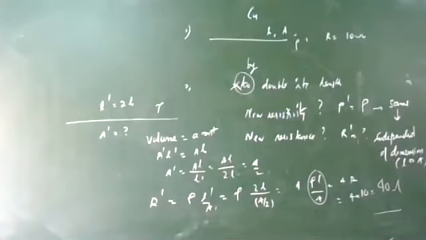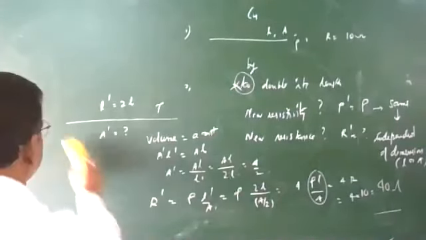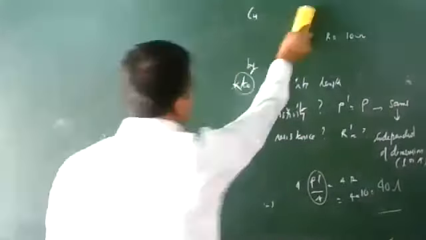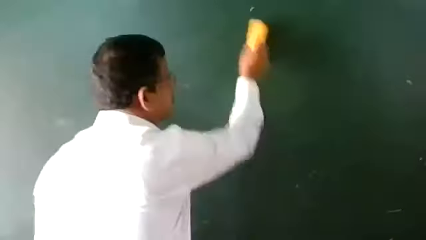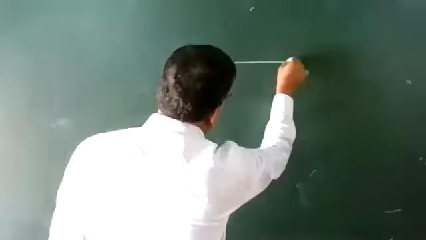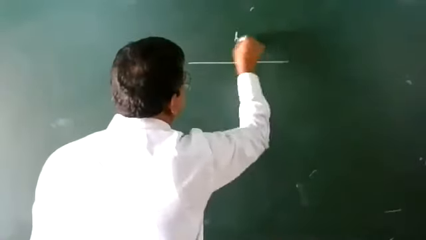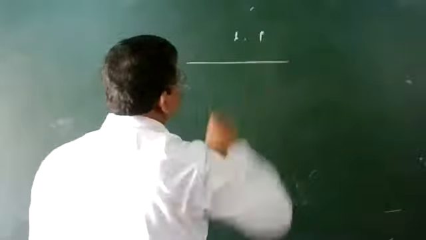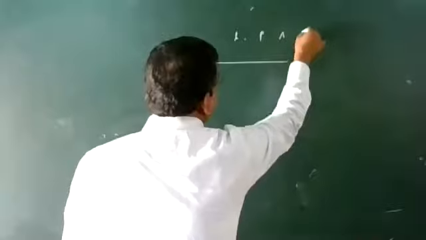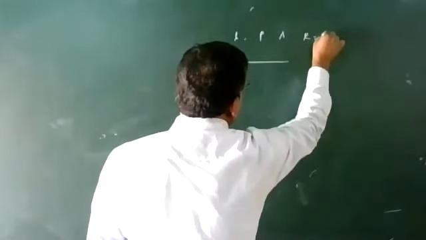You just recognize that. This is regarding dimension and resistance. Suppose you are given a wire of length L, resistivity rho, and area of cross section A. It has resistance 4 ohm.